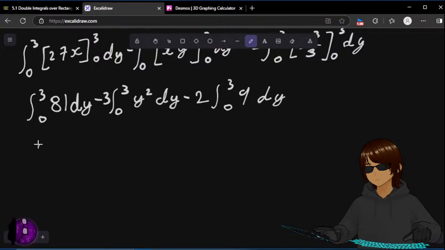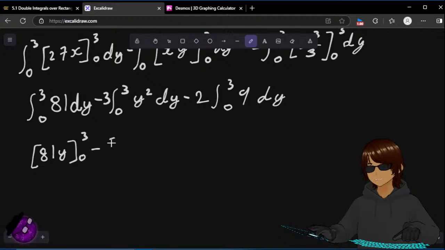Now we have 81y from 0 to 3. We have y cubed over 3, but it cancels out with this 3, so we are just left with y cubed.